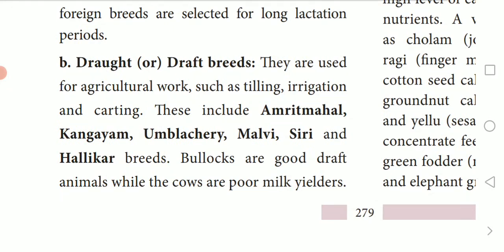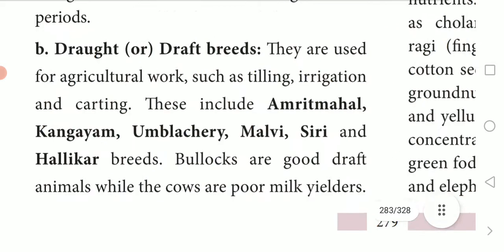The next breed is the drought or draft breeds. They are used for agriculture work such as tilling, irrigation, and carting.